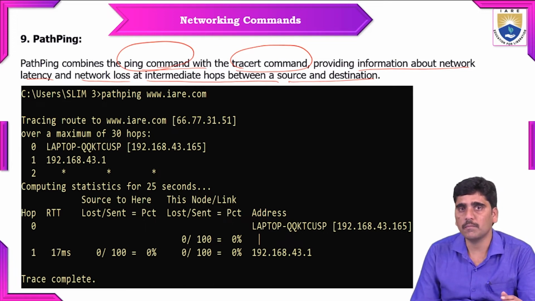So this combines both the ping command as well as the tracert command, providing information about network latency and network loss at intermediate hops between a source and a destination.